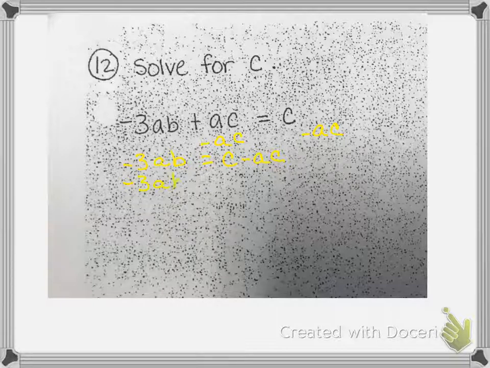I'm going to then factor out my C on the right, and that gives me 1 minus A. I will divide both sides by 1 minus A. So I have negative 3AB divided by 1 minus A is equal to C.